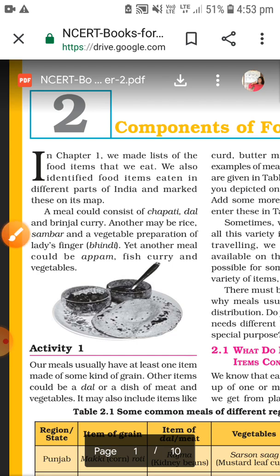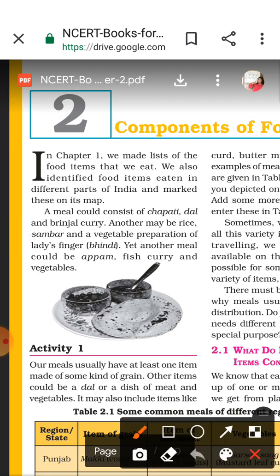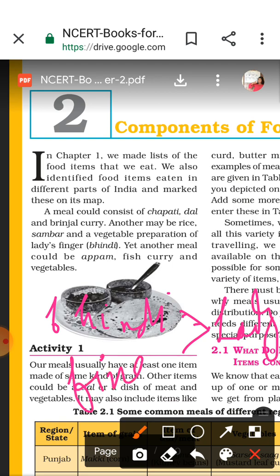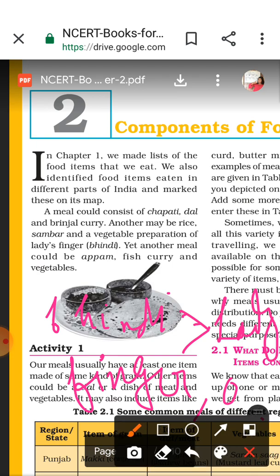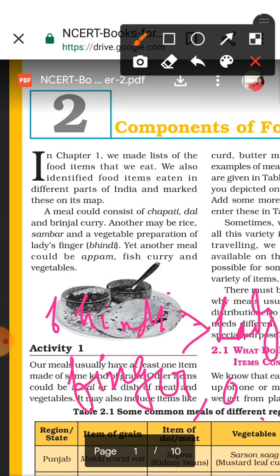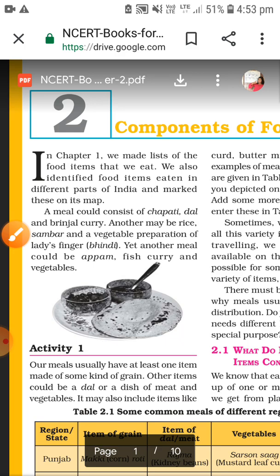Okay, so मैं आपको यहाँ पे एक इम्पोर्टेंट चीज़ बता देती हूँ कि हम भिंडी, I think you all know what is भिंडी, as lady finger and okra. Okay guys, hope you have understood this.